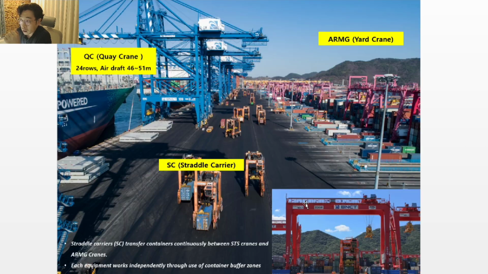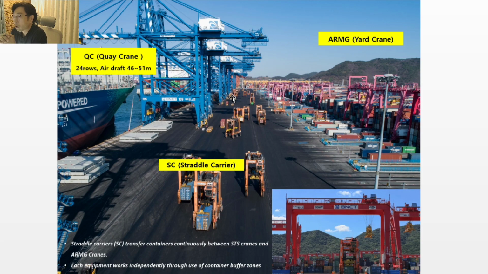So if container cranes are to accommodate or handle bigger vessels, the length of the boom should also get bigger. So 24 rows means 24 rows of containers across the ship.